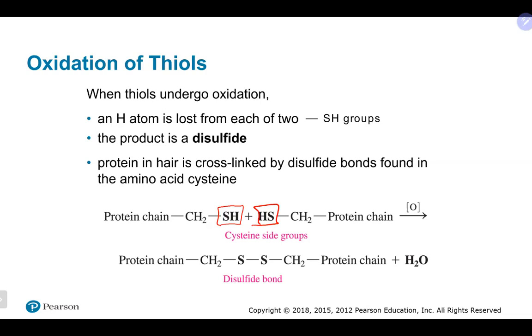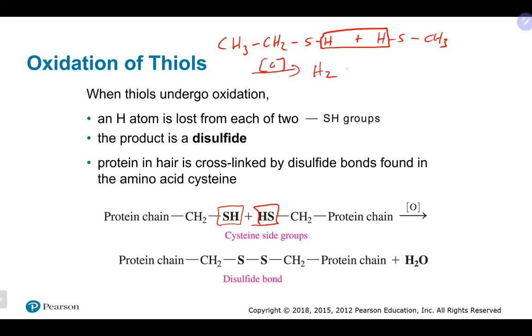So as you see here, you could have something like this, which is a thiol, and you could have another thiol with fewer carbons. It doesn't matter. When you put two thiols together, this is going to be an oxidation reaction, because I am taking out H2, which is the definition of oxidation.